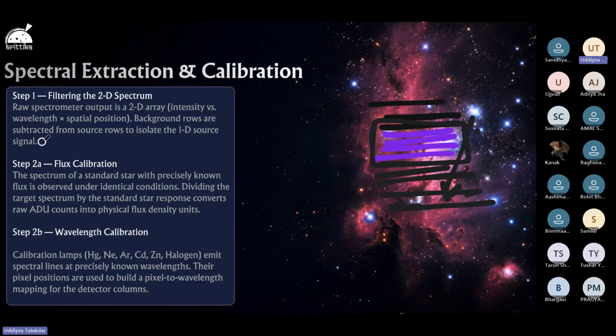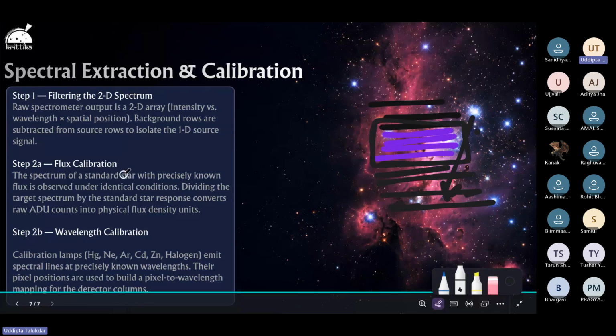So what we do here is we observe a standard star, a star whose true spectrum is already precisely known from previous studies. We observe it the same night, same conditions, same instrument. Then we divide our target's raw spectrum by the standard star's raw spectrum. Then we multiply by the known true spectrum.